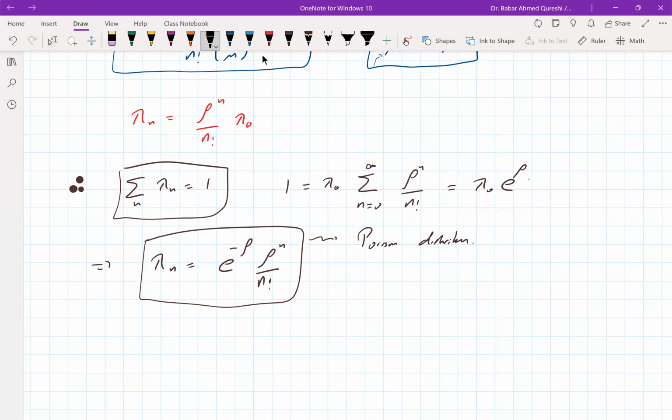What we have found is that the stationary distribution or limit distribution, the same, always exists.